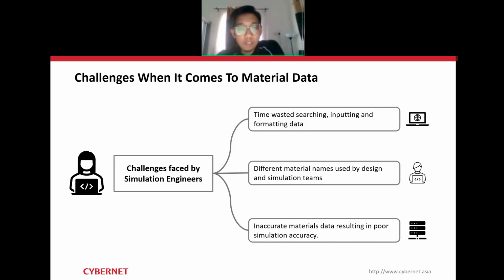So Ansys Granta was developed to help users of Ansys maximize their use of their simulation tools. We found simulation engineers were faced with three challenges when it comes to material data. The first is time spent searching, assigning, and formatting material data for simulation.